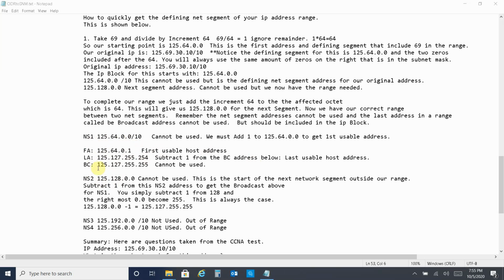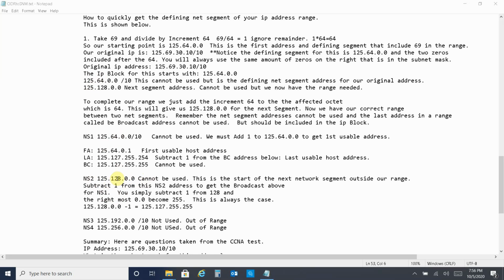To get our last and our broadcast, we simply take this one, which is the next segment. We added 64 to this. We got this. Now, watch what happens. The active octet is still this one right here. Still the second one. Always will be.